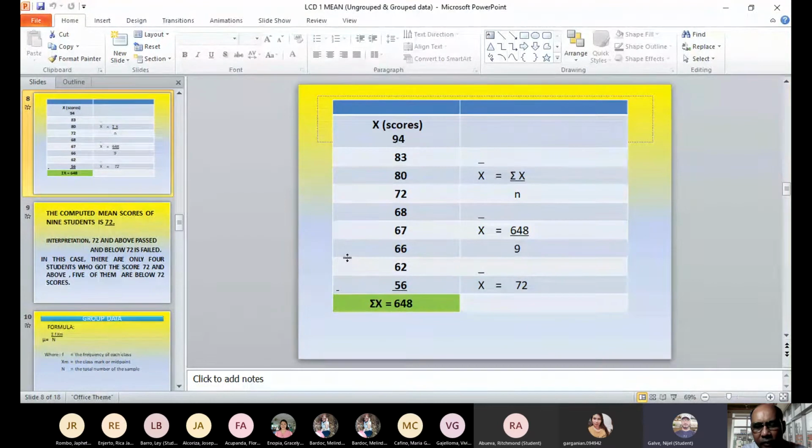Below the mean, younger. So that is how to interpret the result of the mean in your research or thesis. The same also applies to monthly income or length of service.